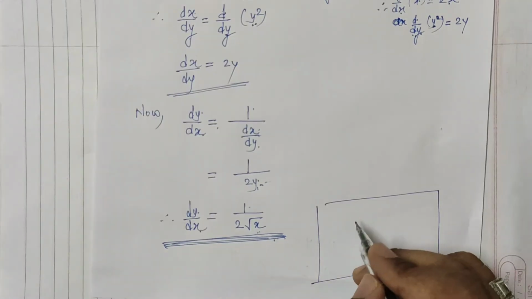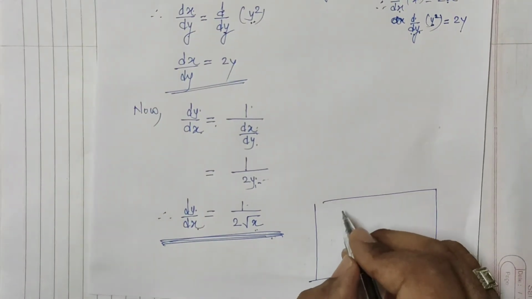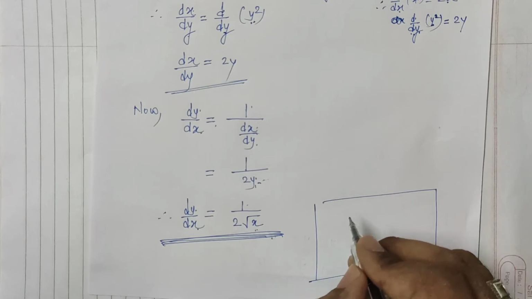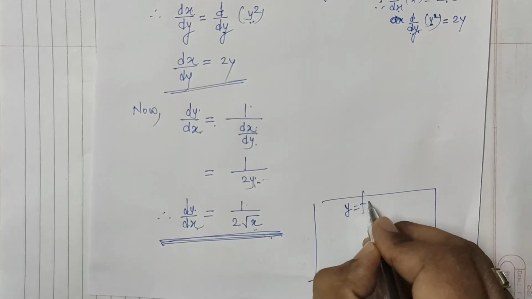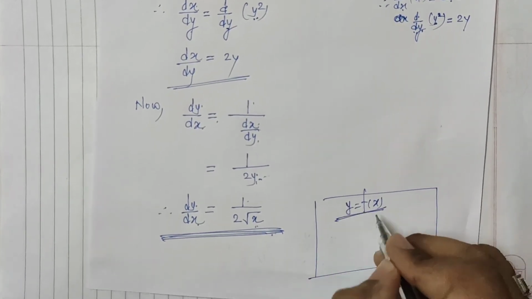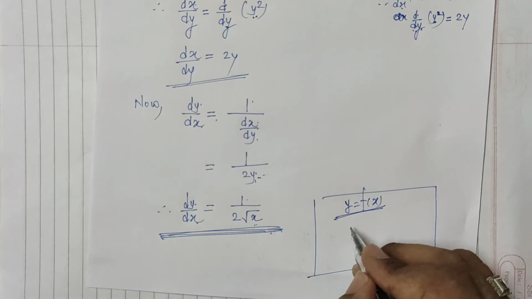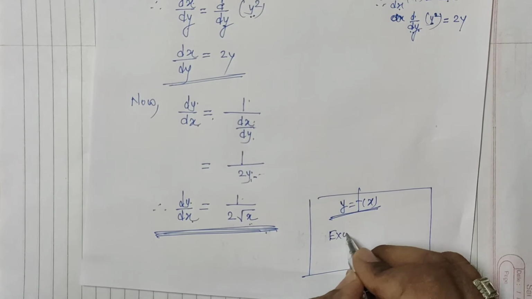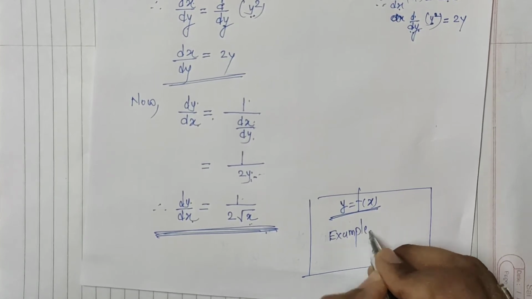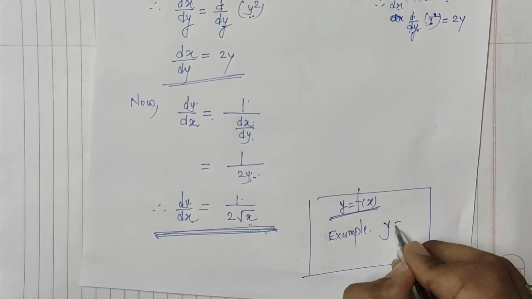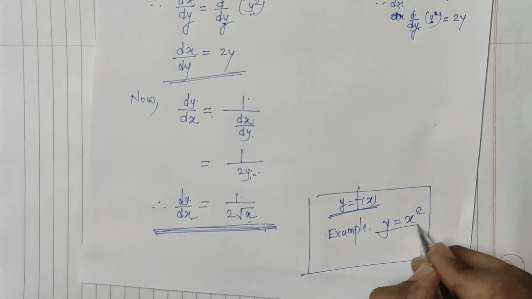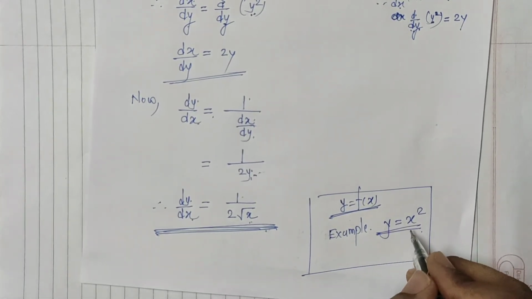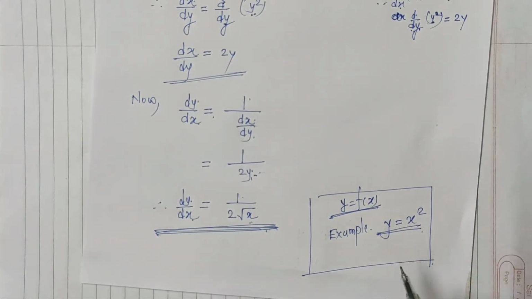Then you can also solve one example as homework. Find the derivative of y with respect to x by using the derivative of inverse function concept. Take the example y is equal to x square. Find its derivative by using the derivatives of inverse function concept.